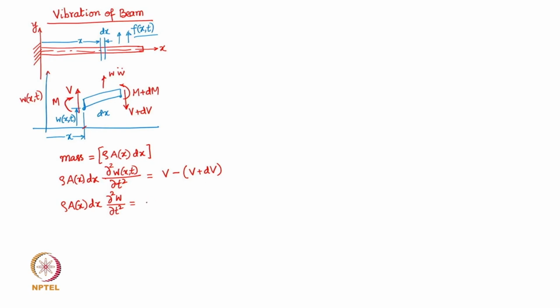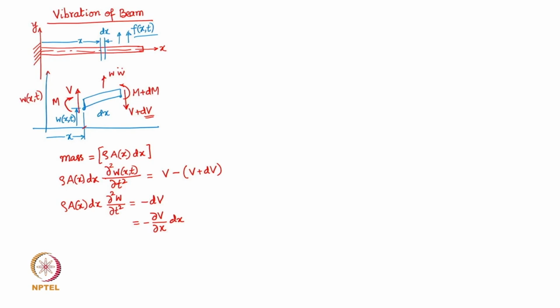Now here it would obviously be minus dV. Now a small incremental change in the shear force can be approximated as partial V by partial x times dx. In the small elemental length dx, the change is going to be partial V by partial x into dx.